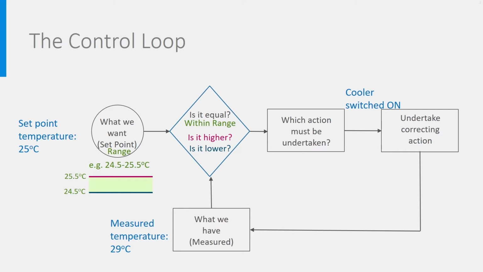So the cooler will continuously switch on and off, trying to achieve exactly this value of 25 degrees, producing very short on-off cycles that are damaging to mechanical equipment. That is why the control set point will never be a value, but a range of acceptable values. For instance, not 25 degrees Celsius, but everything between 24.5 and 25.5.